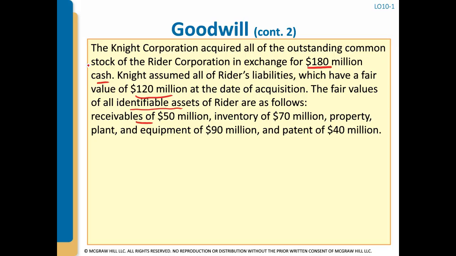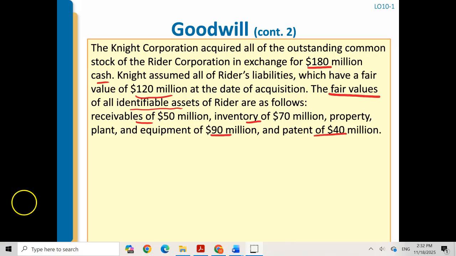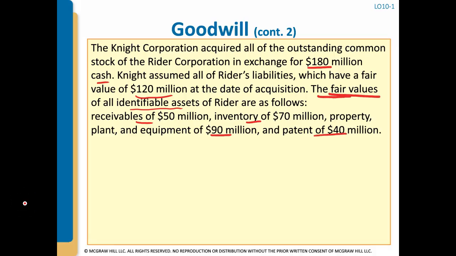Ryder had $50 million of receivables, $70 million of inventory, property, plant, and equipment of $90 million, and patents of $40 million. I want to point out that those assets are at fair value.